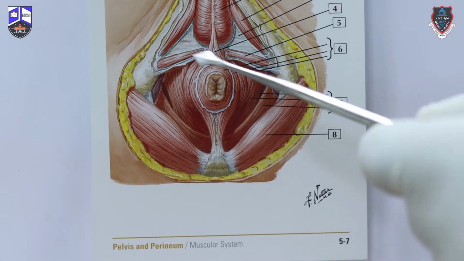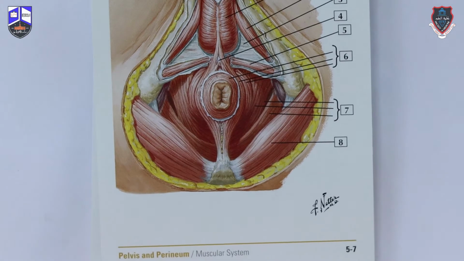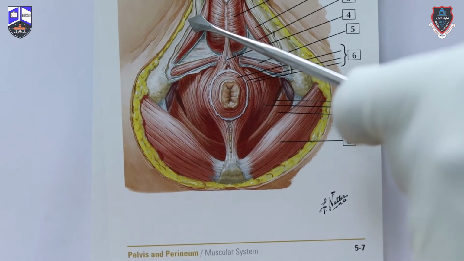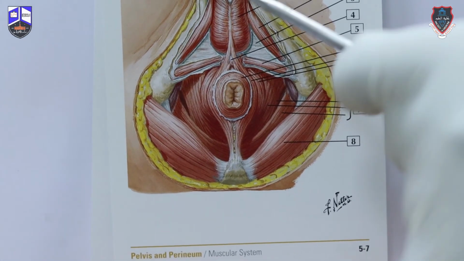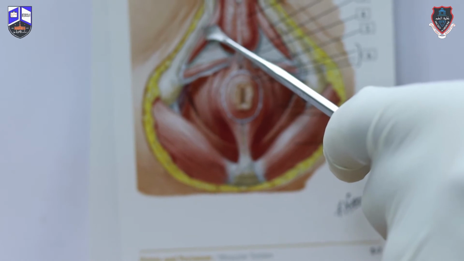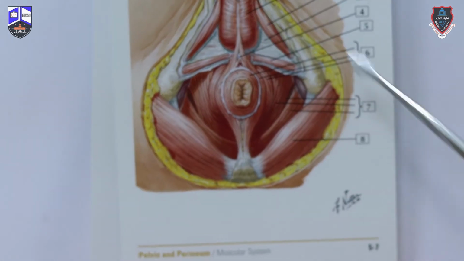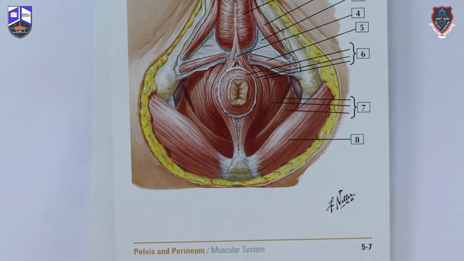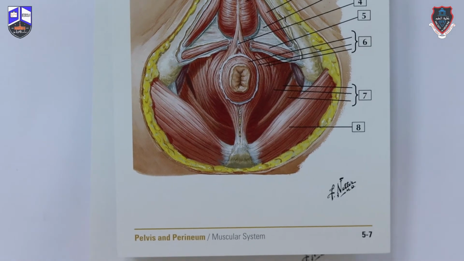The extension from the membranous layer of the superficial fascia extends down to cover the urogenital triangle, and this layer that covers the urogenital triangle as an extension from the membranous layer is called the Colles fascia.